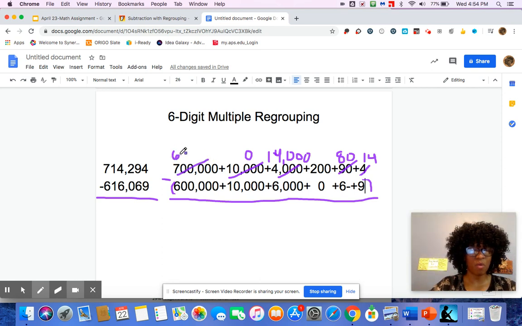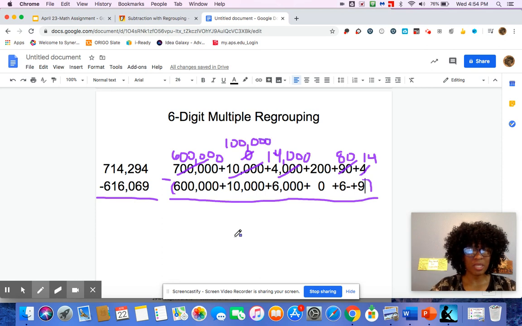So if we take 100,000 from that 700,000, that gives us 600,000. Looks good. And we're going to put that over here. So that's going to become 100,000. So let's do that.